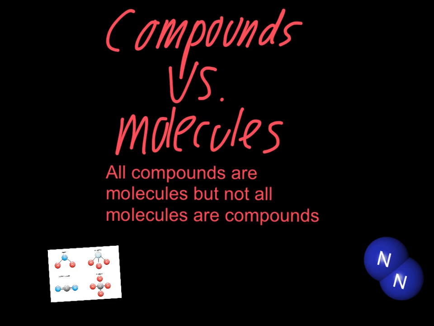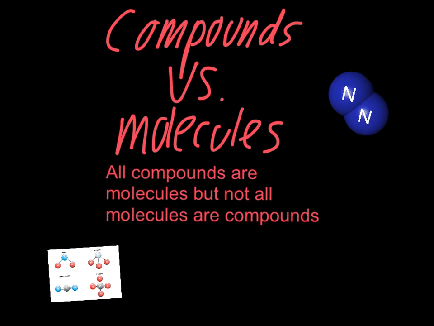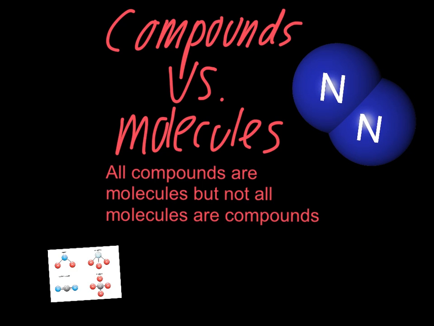So if you think about our definition, we said a compound is a pure substance formed when 2 or more different elements combined. So that means something like nitrogen. Nitrogen is a molecule because it's more than 1 element bonded together, but they're not different elements. Nitrogen, if we're looking at the formula, is just written as N2.